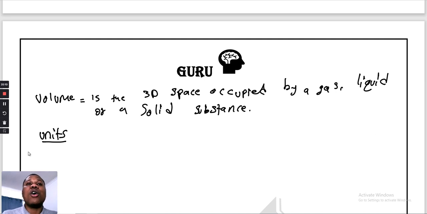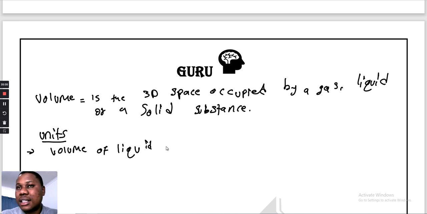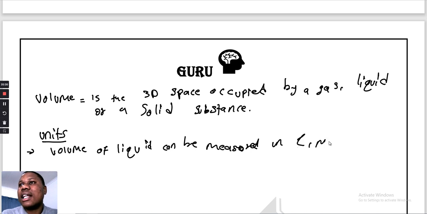volume of liquids can be measured in liters, milliliters, or kiloliters.